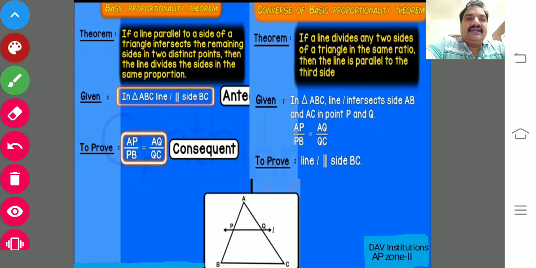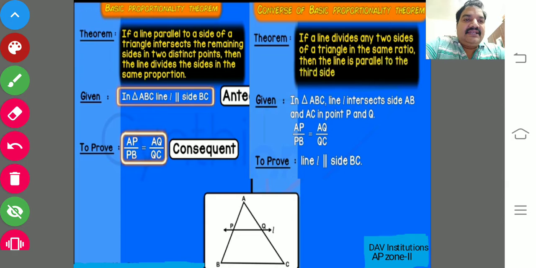Before entering into the problems, let us recapitulate what we discussed in our previous classes. The first one is the basic proportionality theorem. You know that if a line parallel to a side of a triangle intersects the remaining sides in two distinct points, then the line divides the sides in the same proportion.